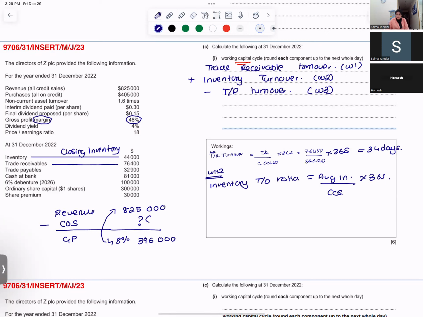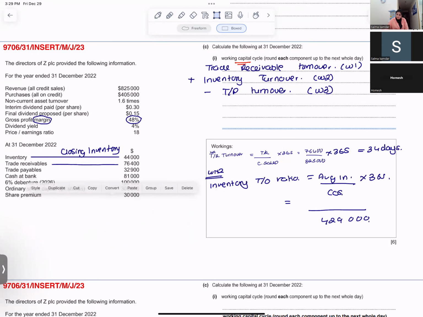Okay. So what will the cost of sales be? It's the difference in between. So give me the amount. 429. So my cost of sales will be 429,000. Are you with me? Yes.